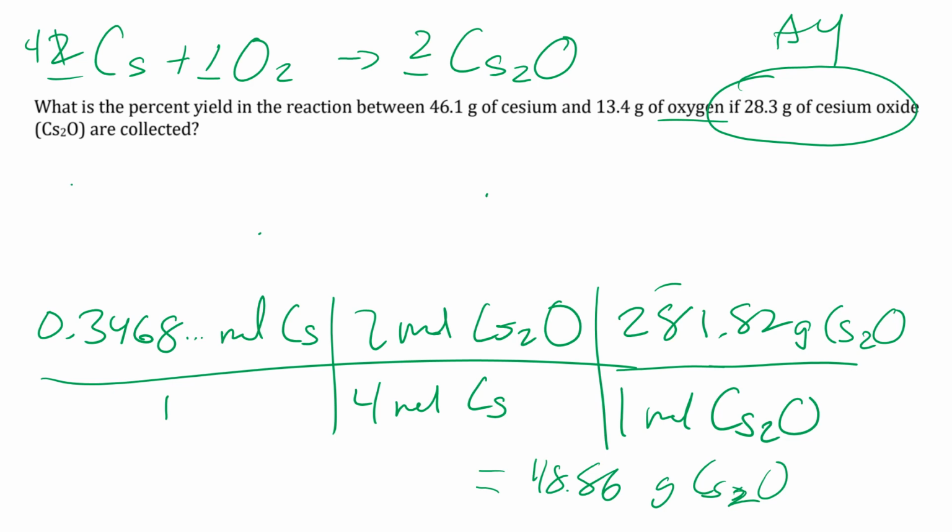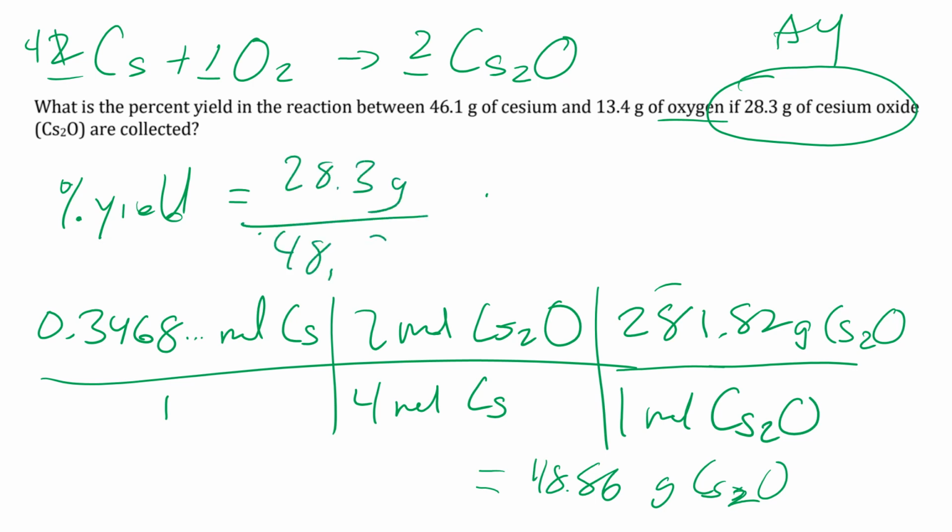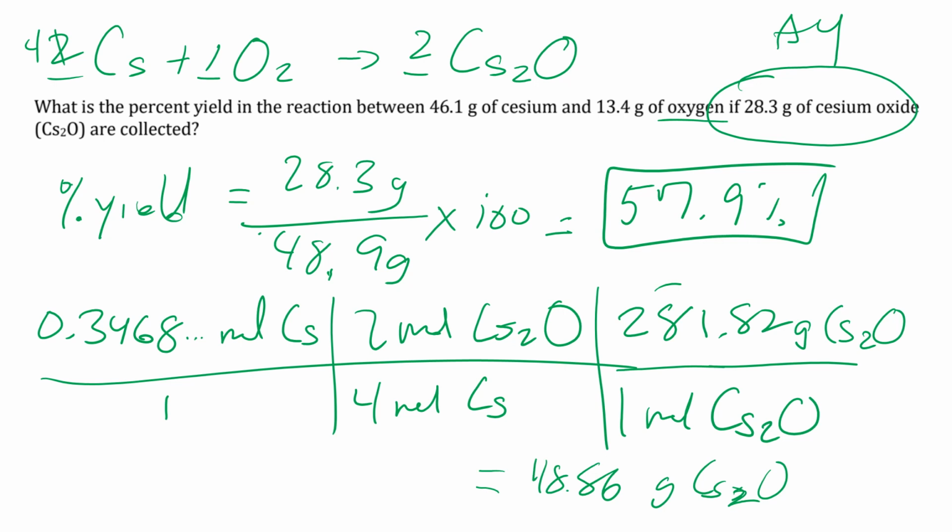So my percent yield is 28.3 grams divided by 48.9 grams from my stoich, times 100. 28.3 divided by 48.9 times 100 is 57.9%. My percent yield. I only got 57.9% of what it is I'm trying to get. That was a lot, I know.